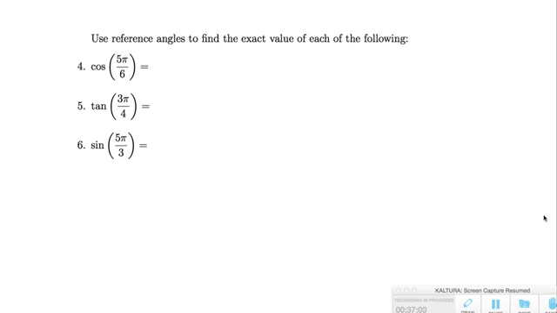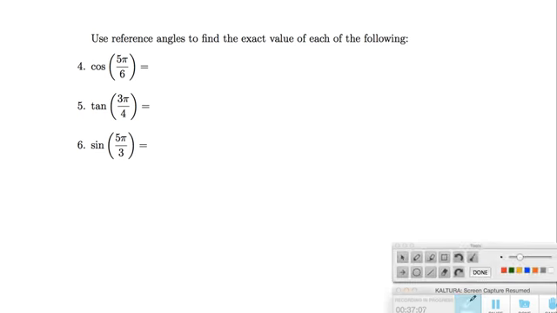So we're finding these exact values, and we are asked to use reference angles to try and do this. And the idea is to try to use your knowledge of quadrant 1 to proceed.